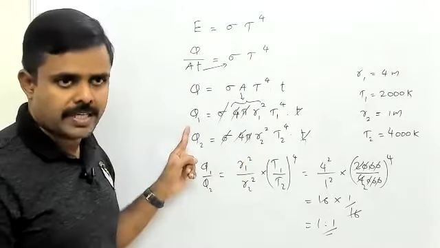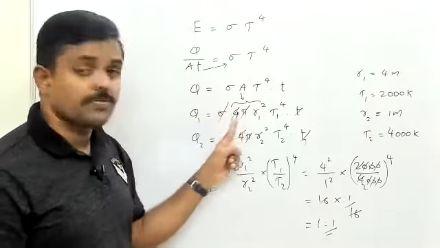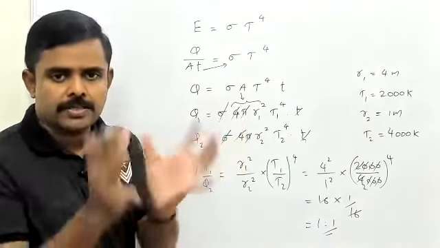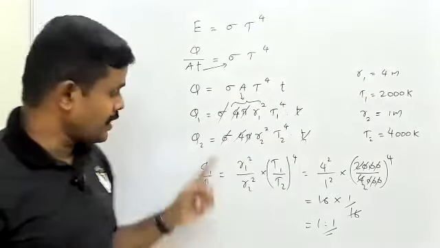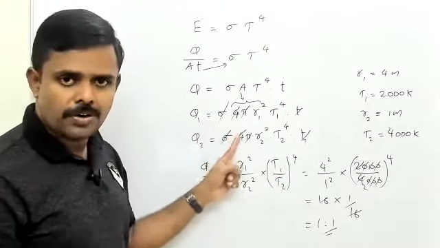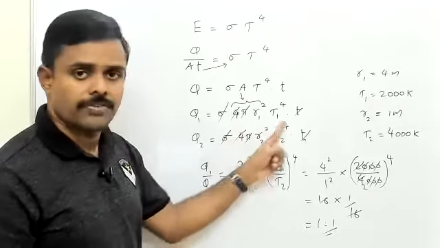So Q1, first case: sigma into area, which for a sphere is 4 pi r square, into T1 raised to 4 into t. And Q2, sigma is same for both, 4 pi r2 square into T2 raised to 4 into t.